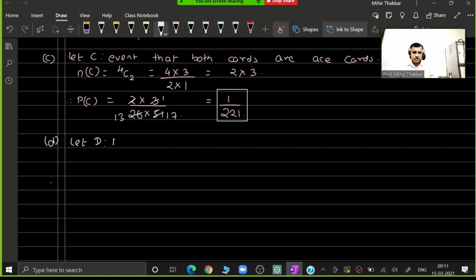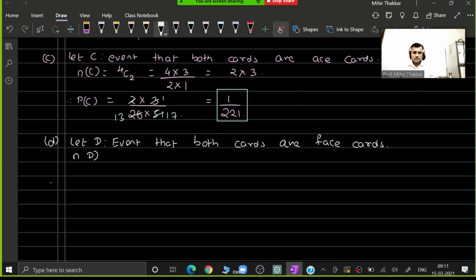Let D denote event that both the cards are the face cards.